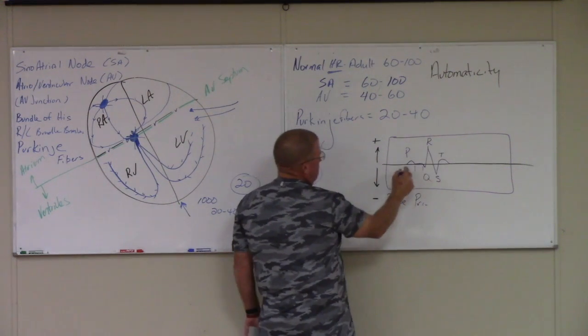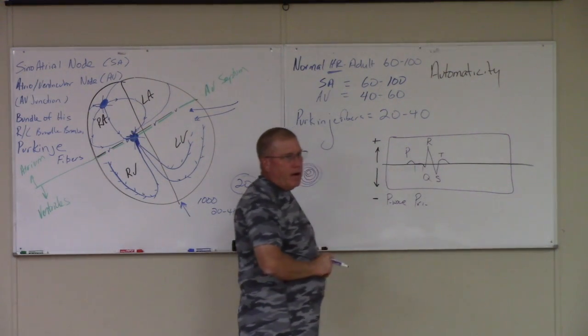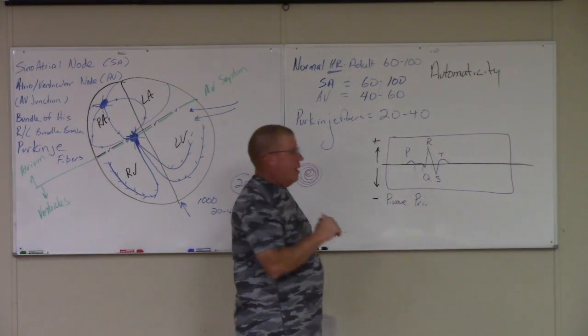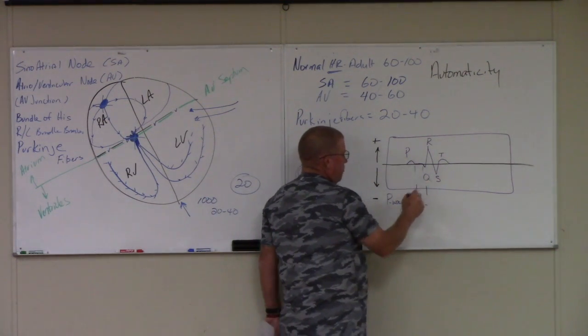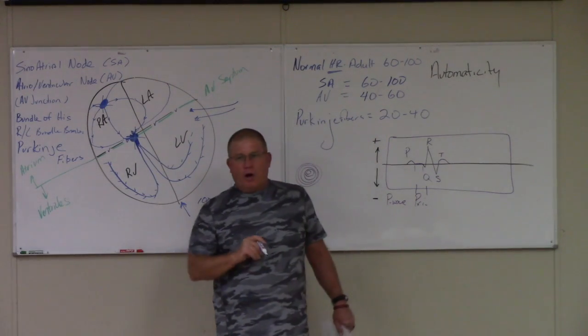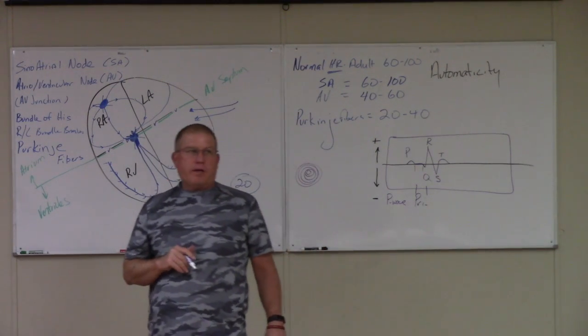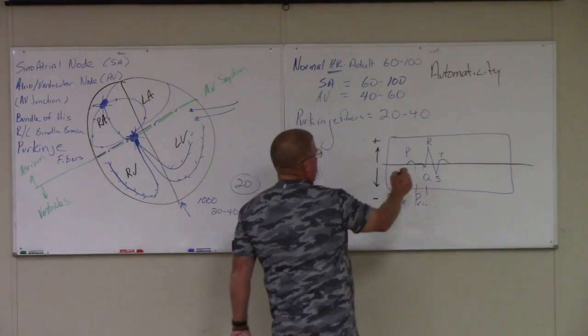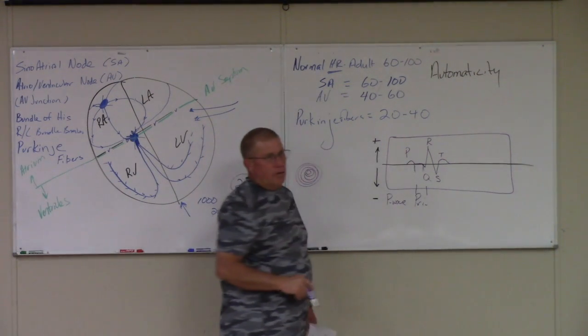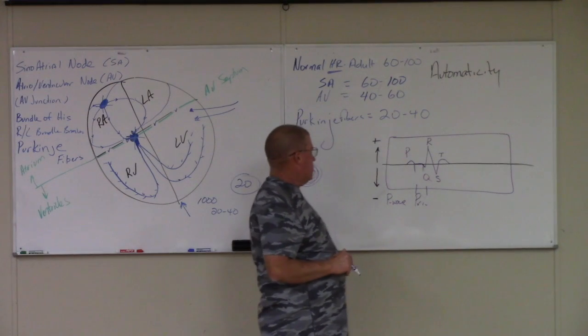So you've got the P, the PRI, which is only important in time, which it's not important to you as a basic. But if we're looking at heart blocks, first degree, second degree, third degree heart block, we're looking at a time here. Okay? All these are waves, right? Yes. So R wave, that's a wave.